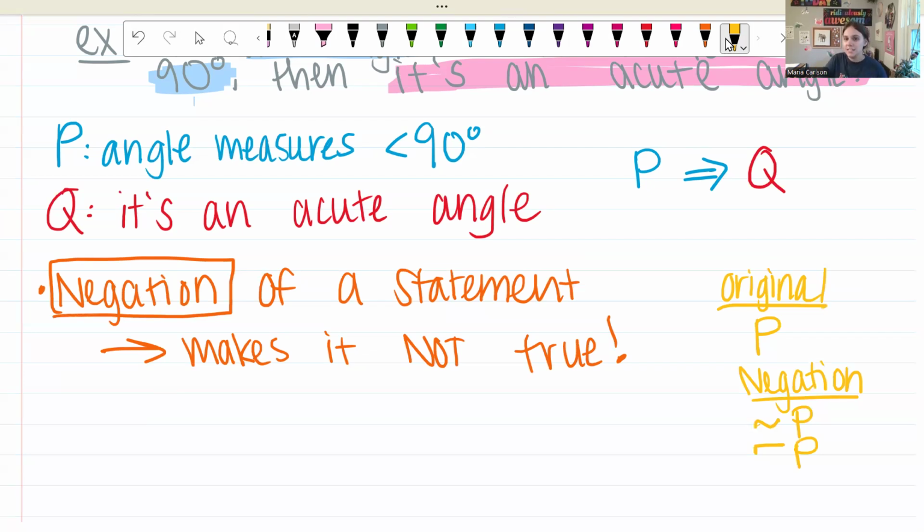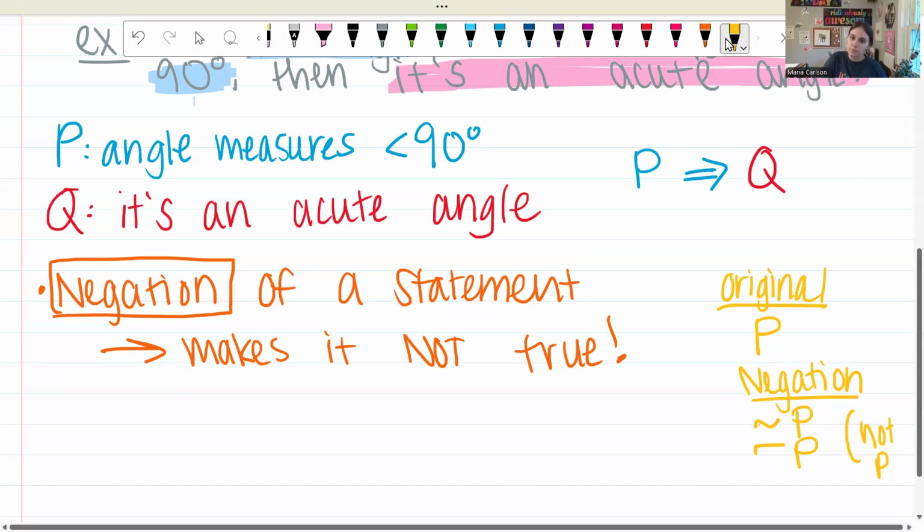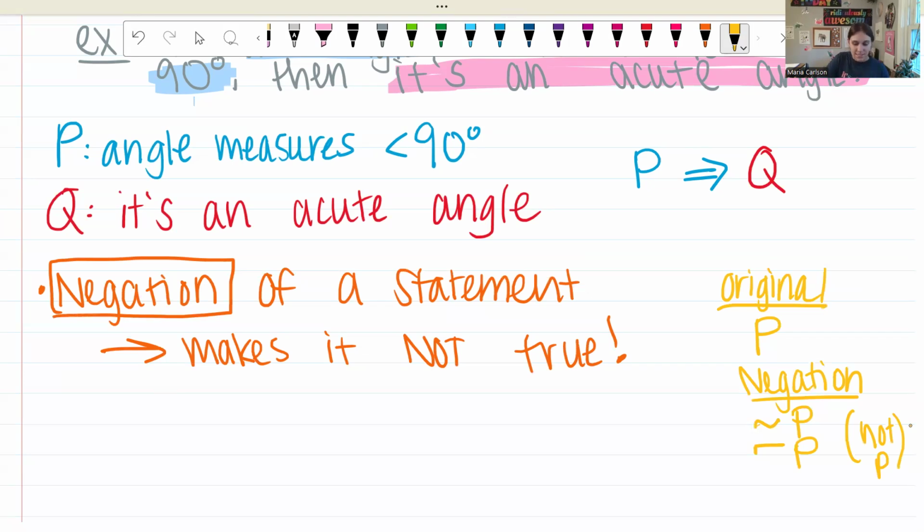Both of those mean not P. The negation makes it no longer true.